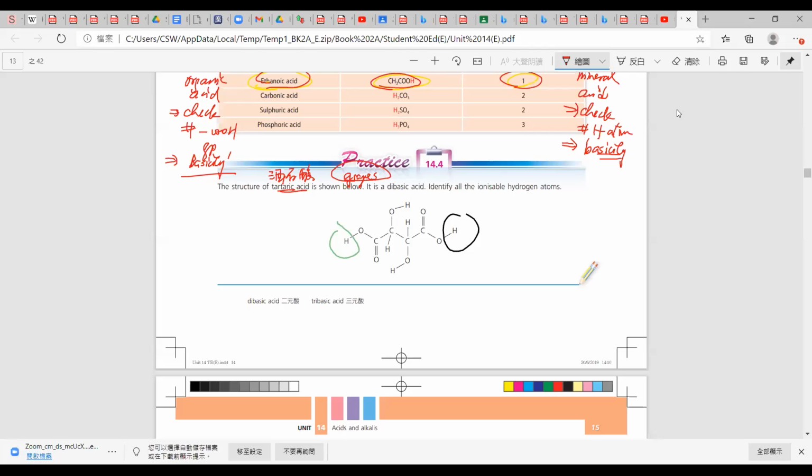So what is the basicity of that tartaric acid? This one is correct. So the way to check is simple. You're going to check for what? The carboxyl group, COOH, right? And that H is the one which is ionizable. So we will call that basicity equal to 2, a dibasic acid. Questions?